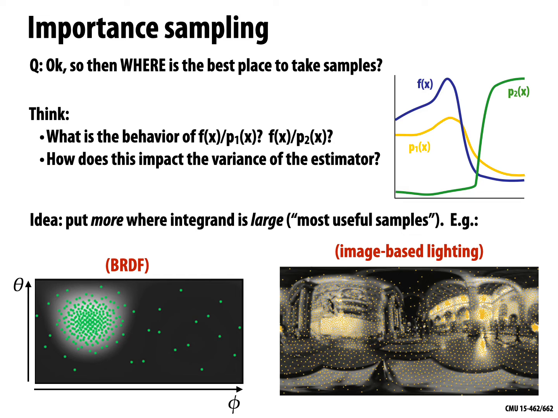Much like my BRDF importance sampling, again, I really am going to be better off if I place samples in regions of this image that are really bright. Putting a lot of samples in regions of the image that are dark or black is adding nothing to my estimate. I'm just doing completely meaningless, useless computation. Right? So I really want to focus all my samples, or bias all my samples, towards bright regions of the incoming light.